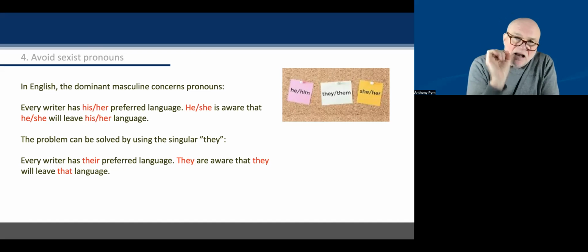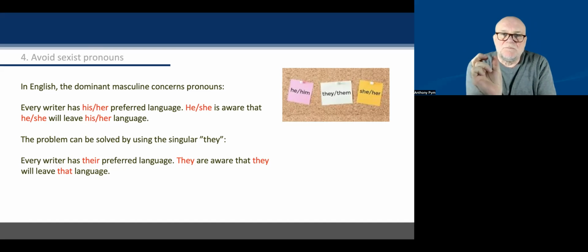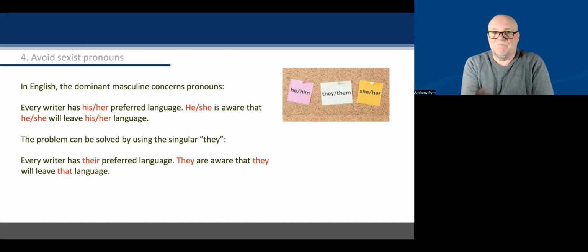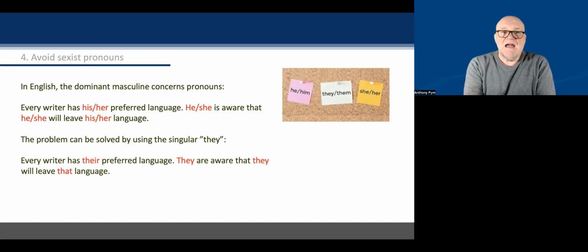Look, in English, there is this beautiful little bit of grammar called the singular they, and it solves that problem in English always, always. Every writer has their preferred language. I've got rid of it. Their replaces his. We don't know if the writer is masculine or feminine or anything in between.